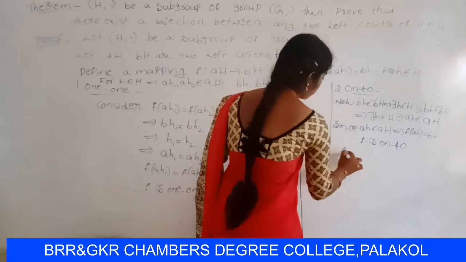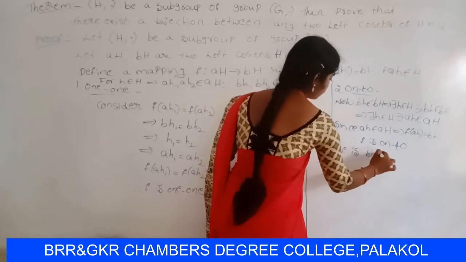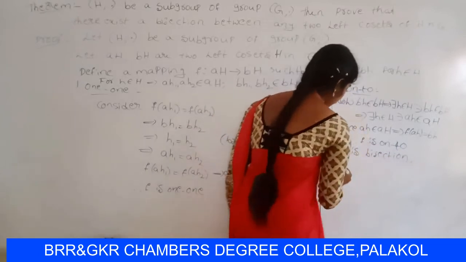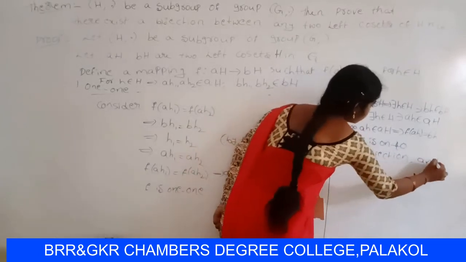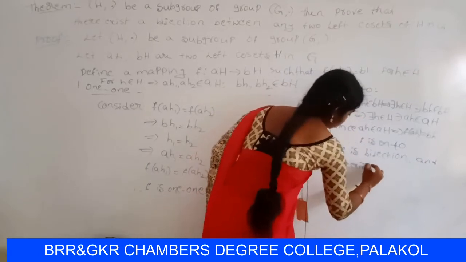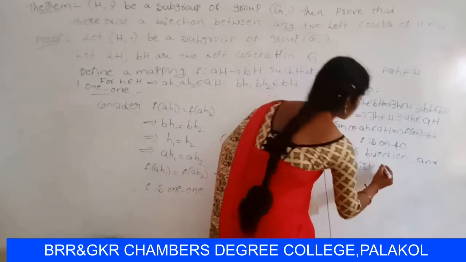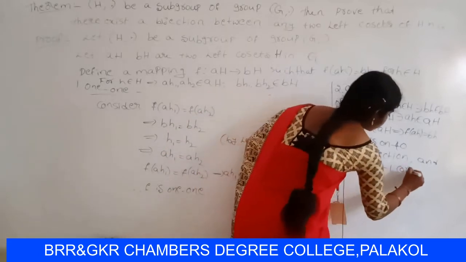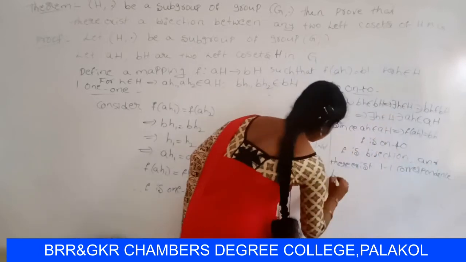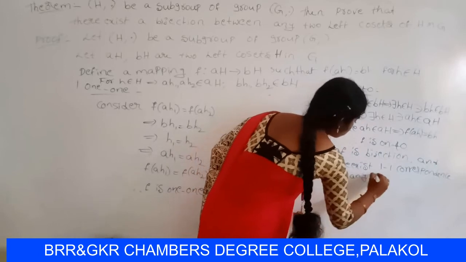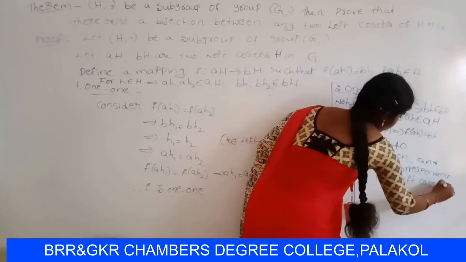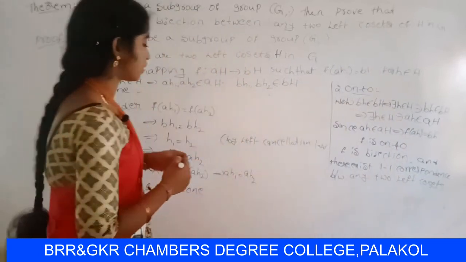So therefore f is a bijection, and there exists a one-one correspondence between any two left cosets. So this is the theorem.